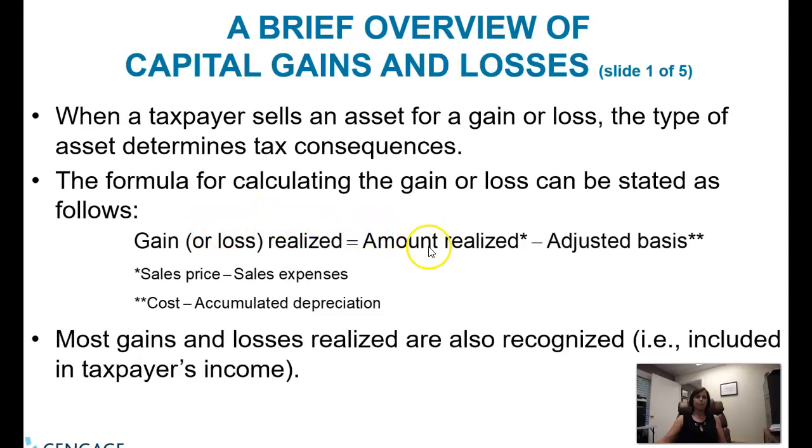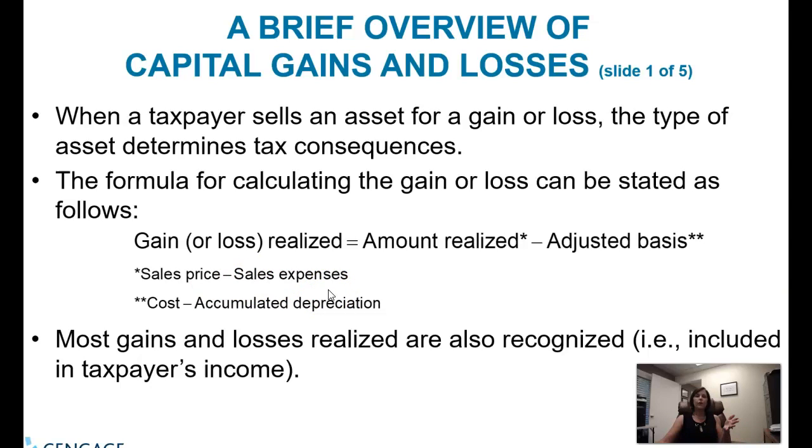Well, we look at the amount realized. What is that? That's what we sold it for. So if we had a car and we sold that car for $2,000, the amount realized was $2,000. Now, if we had to pay a commission to somebody to sell the car for us, maybe we deduct the cost of the commission.